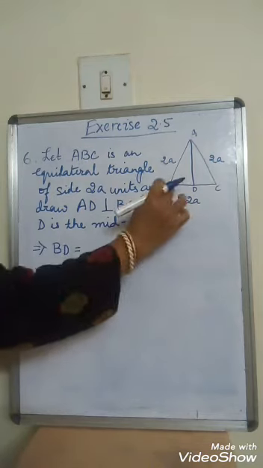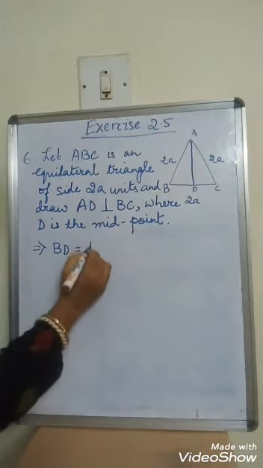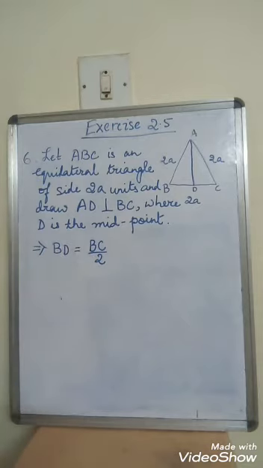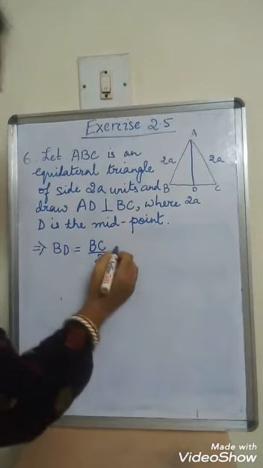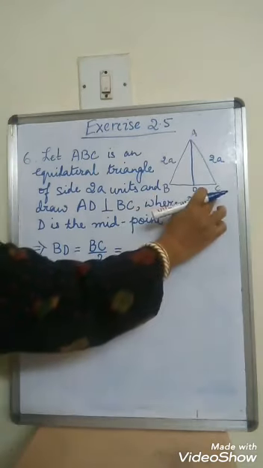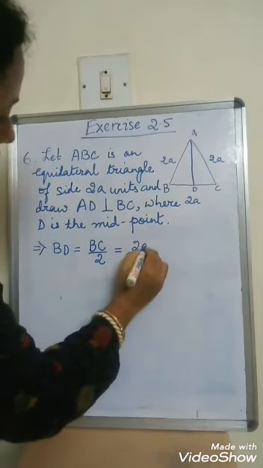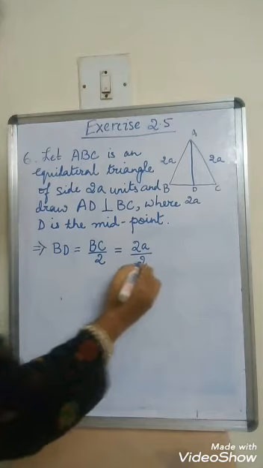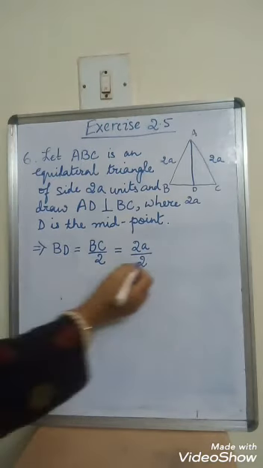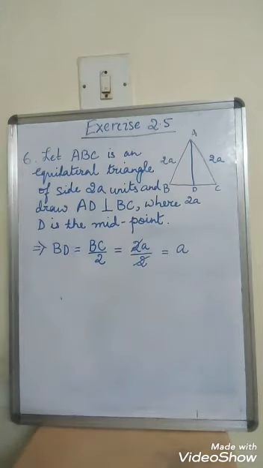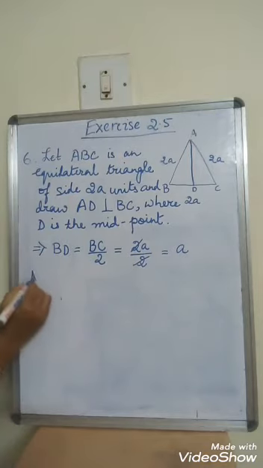As I said, BD is half of BC, so BC by 2, which is equal to, now BC we already have. What is the measurement of BC? 2A, right? 2A by 2. So when we cancel 2 and 2, how much do we get? We get A, right?